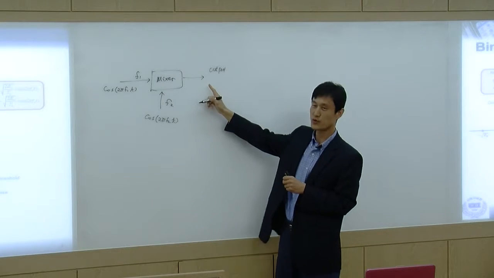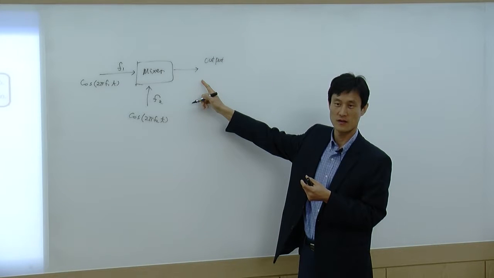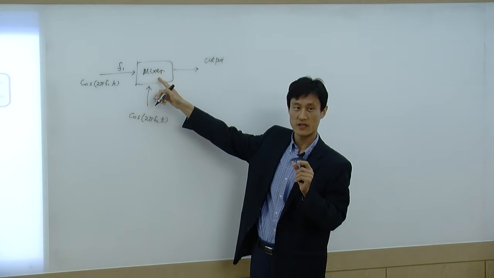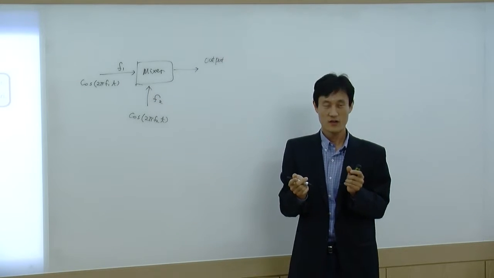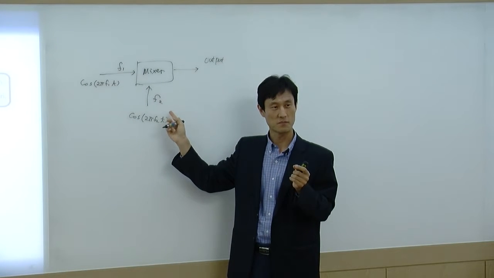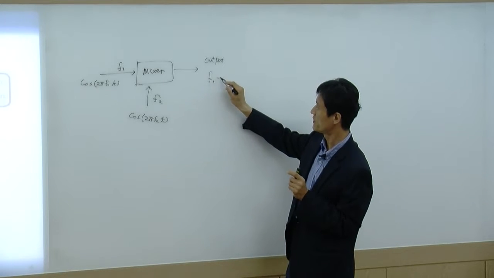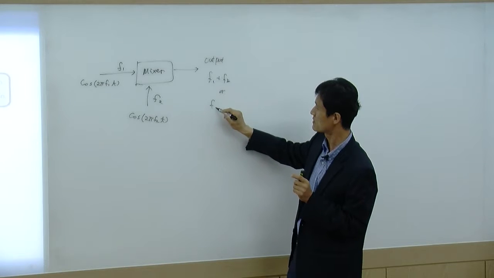And what output do you want? Why do you want to use a mixer? The main reason is to make another frequency, a new frequency. You only have an f1 frequency and an f2 frequency, but you want to get a new frequency, for example this, or this.